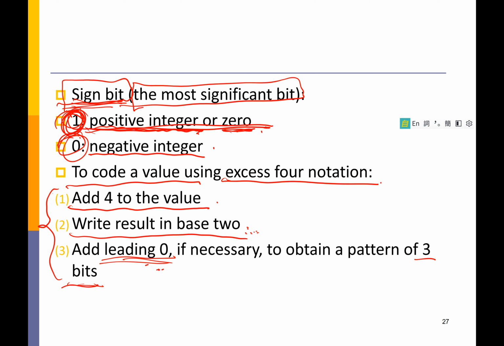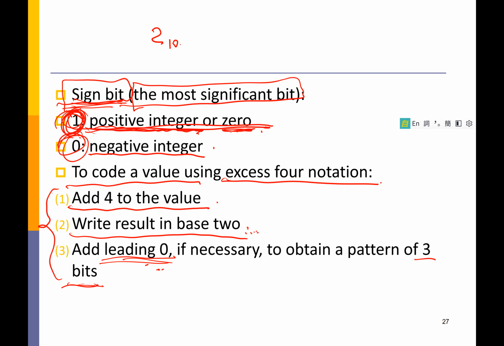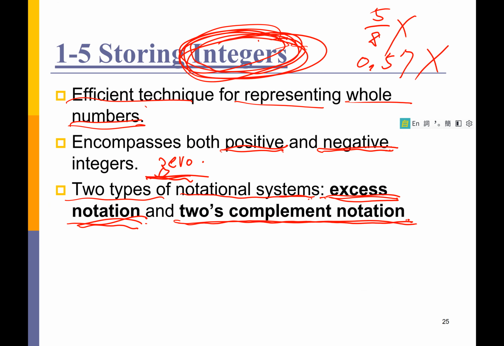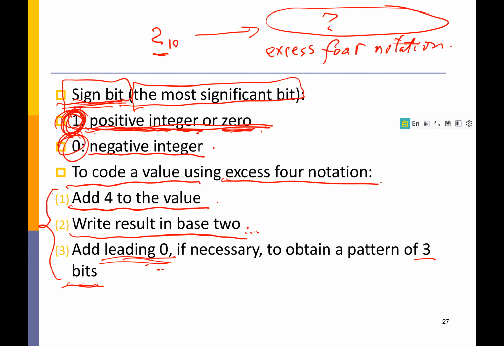So supposedly we want the SS4 of the integer value 2. We have a base 10 value and want to find its SS4 notation. How are you going to do that?